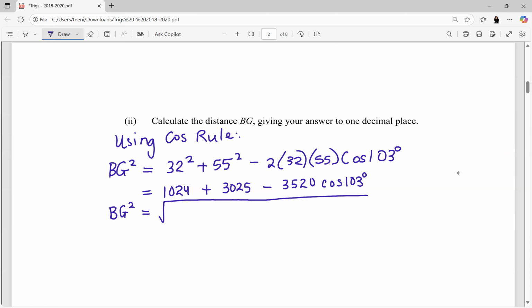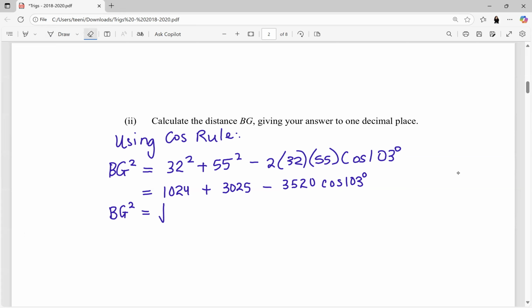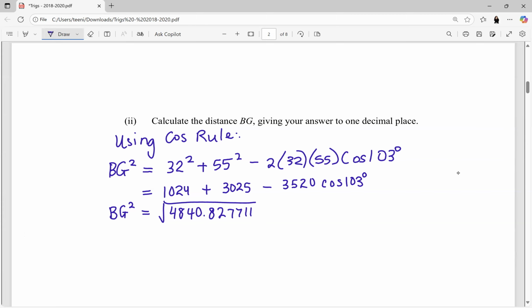Not BG squared, sorry, BG would be equal to the square root of that whole thing. Let's do it piece by piece. The number is 4840.827711, so the square root of that is 69.6. Anybody got that? No, I didn't get it.